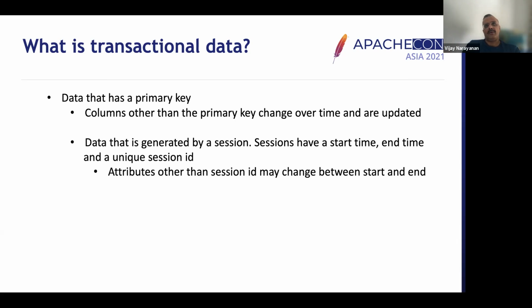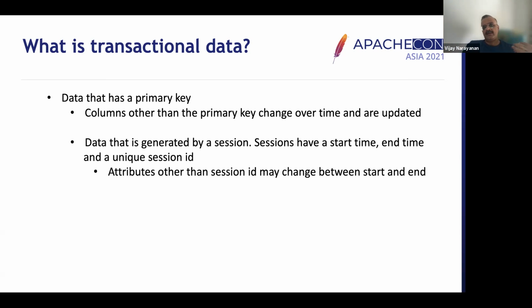Or it could be payment data, where payments are first created, payments are completed, and sometimes even canceled, because with online retail, when customers choose to return something they purchased, the payment gets cancelled or refunded. So payments can go through multiple stages in this world.